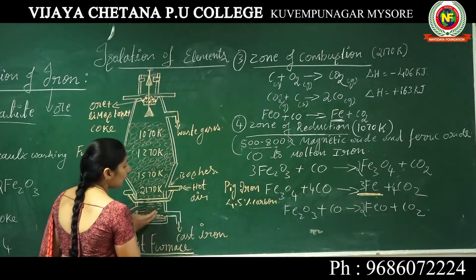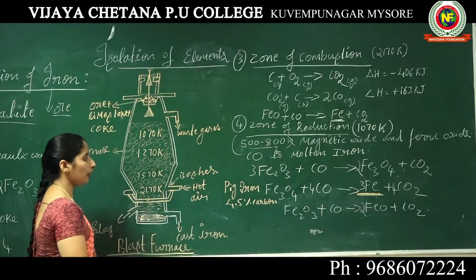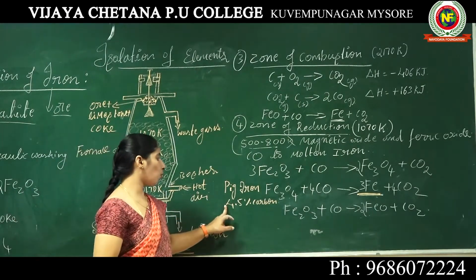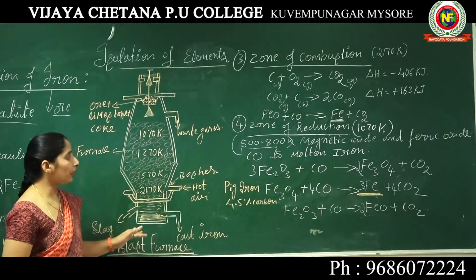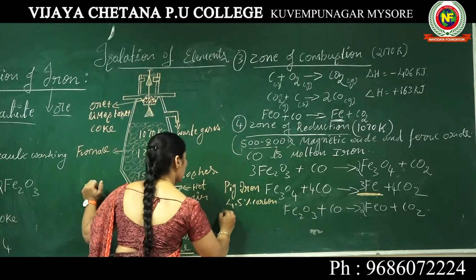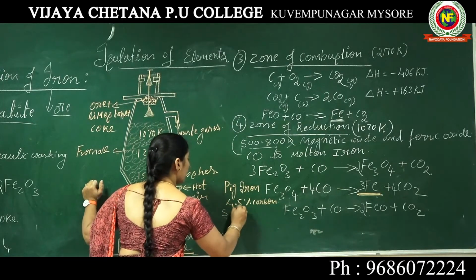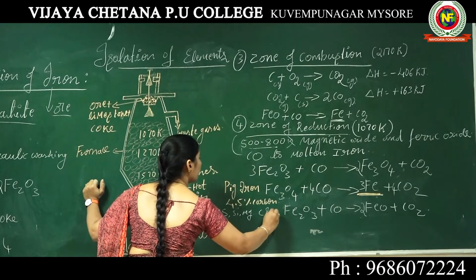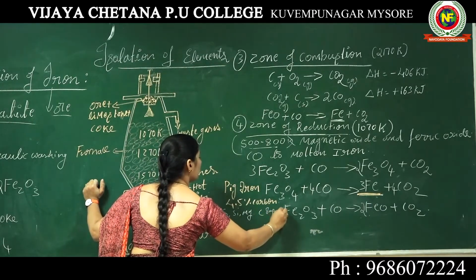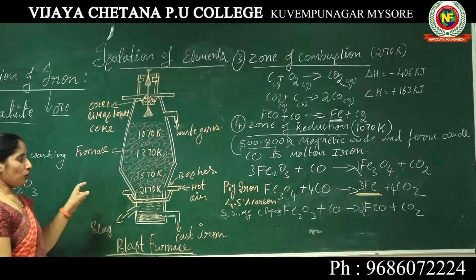That iron we call pig iron. The pig iron contains 4.5% of carbon, and also other impurities like sulfur, silica, magnesium and carbon. These are all the impurities present in it.